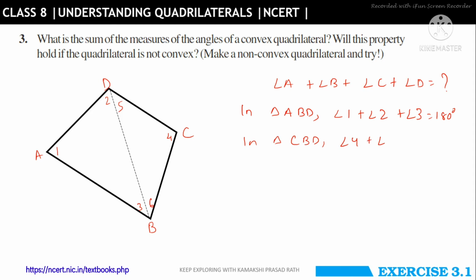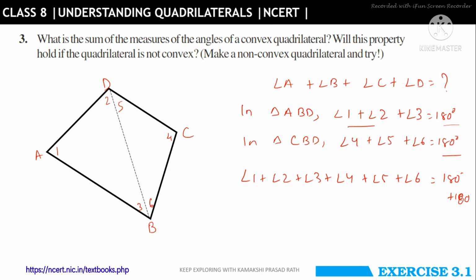Angle 4 plus angle 5 plus angle 6 is 180 degrees. Hence, when we add both of them, we have got 2 equations now. If you add all, angle 1 plus angle 2 plus angle 3 plus angle 4 plus angle 5 plus angle 6 is equal to 180 plus 180. So we have added the left side with the left side, and the right hand side with the right hand side.